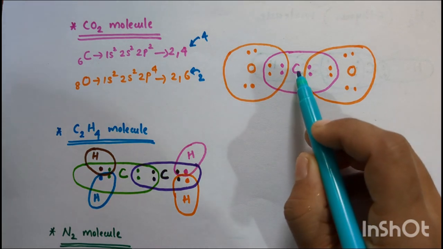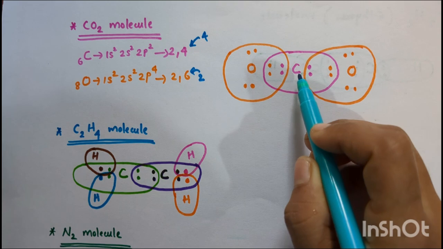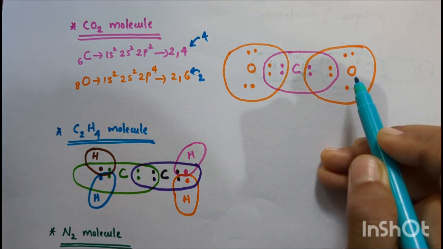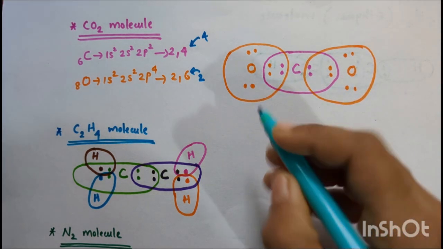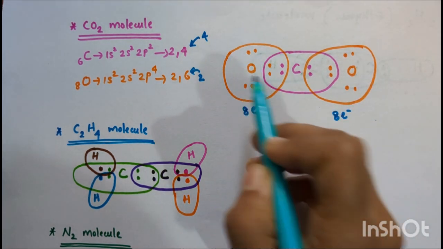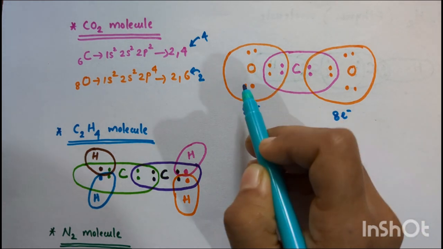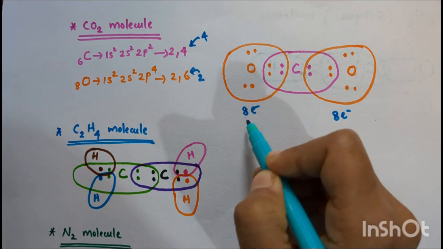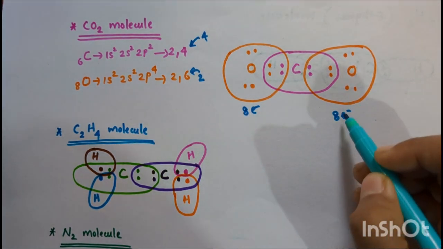This carbon shares 2 electrons with this oxygen atom, and the same carbon shares another 2 electrons with the other oxygen atom. So each oxygen atom achieves an octet, or 8 electrons, in its outer shell. Because it had 6 already, and carbon shares 2 with it, it gains 2 more electrons. So 6 plus 2, its outer shell electron number becomes 8. Similarly for the other oxygen as well.